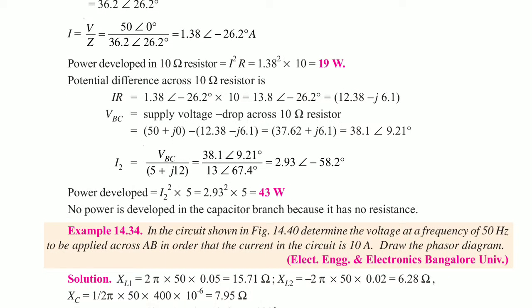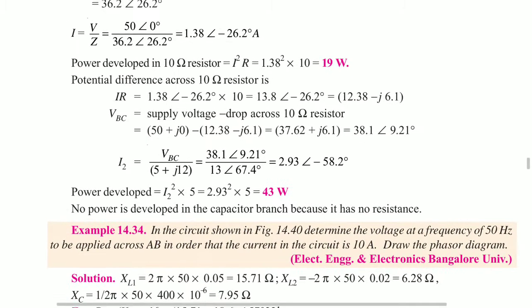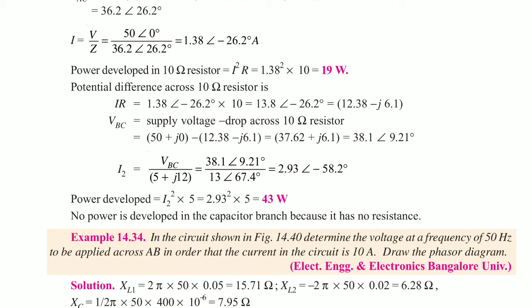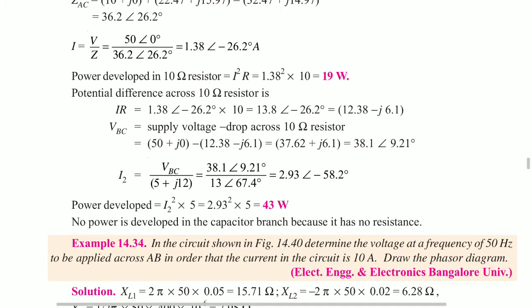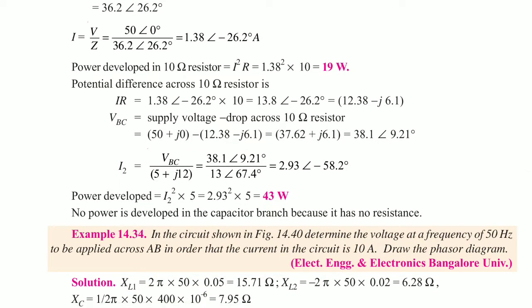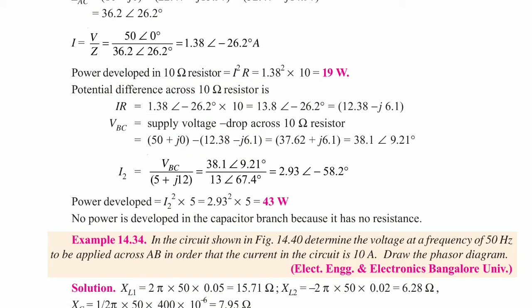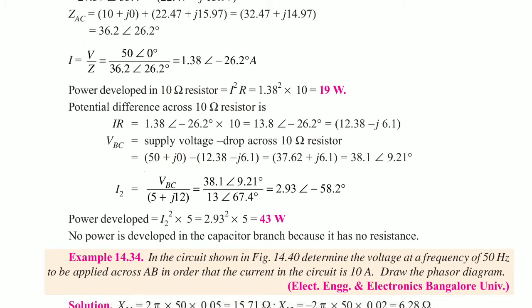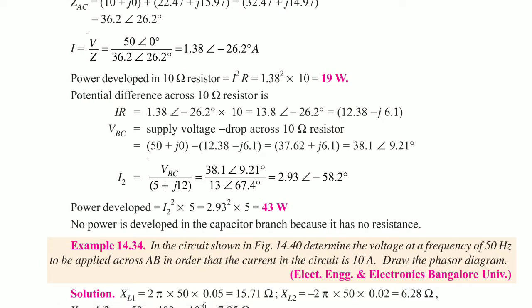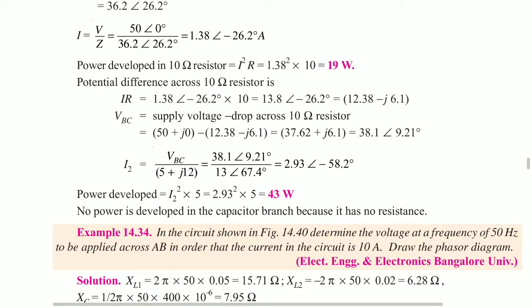In general, power is equal to VI cos phi in an AC circuit. Here we can write the power developed in the 10 ohm resistor as I square R. Here the magnitude of I is 1.38, so 1.38 square into 10 gives 19 watts developed in the 10 ohm resistance.